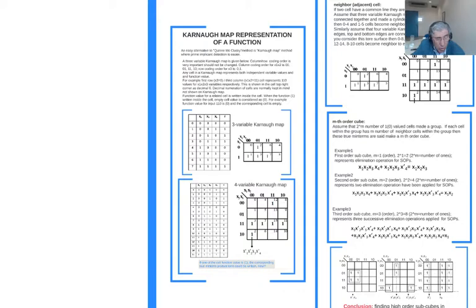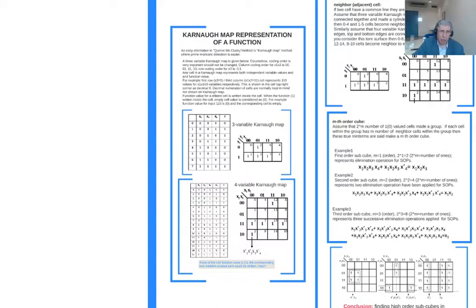So in neighbor columns, only one variable is changing. If you compare these two, for example, x1 is changing, x2 is not changing. If you compare the third and fourth columns, x2 is changing, x1 is not changing. So that is the property of the Karnaugh map. This coding should be as it is seen here.